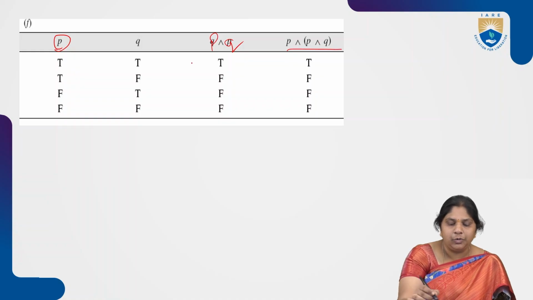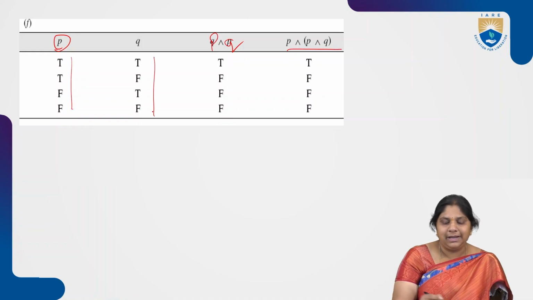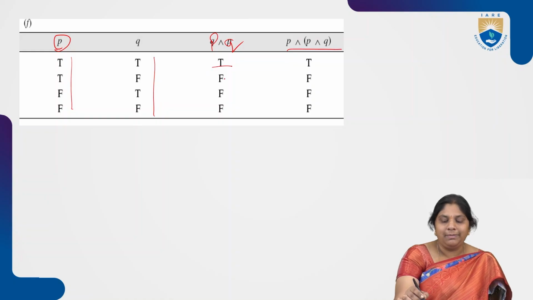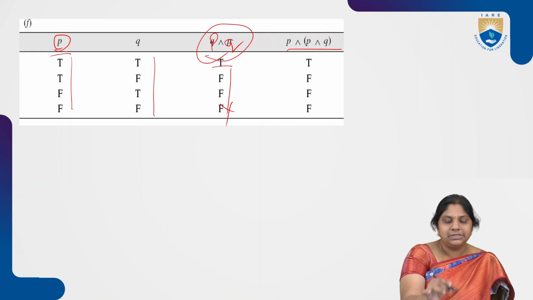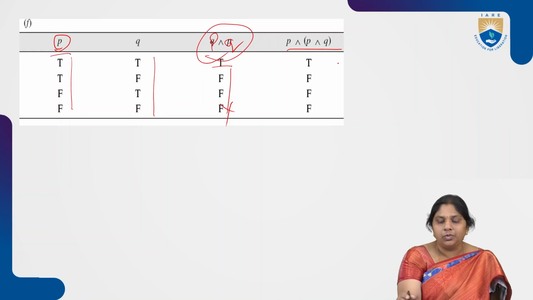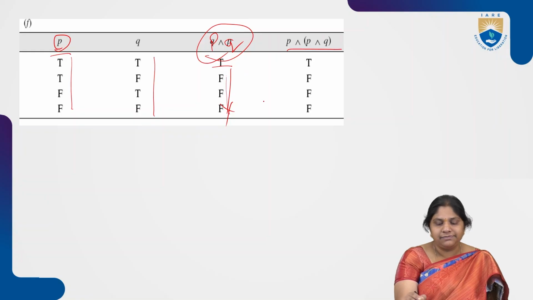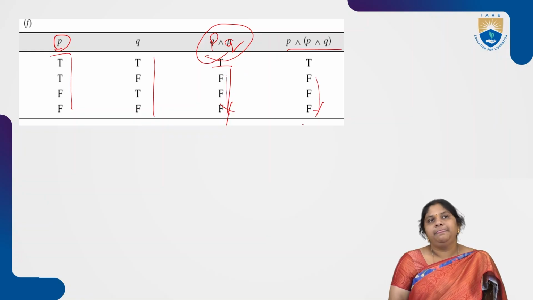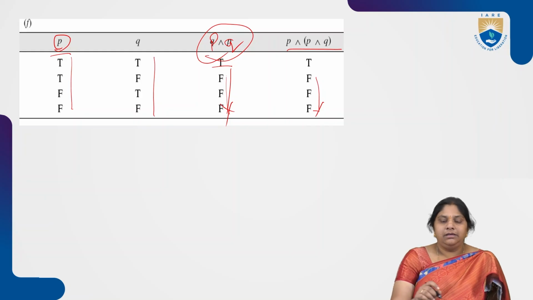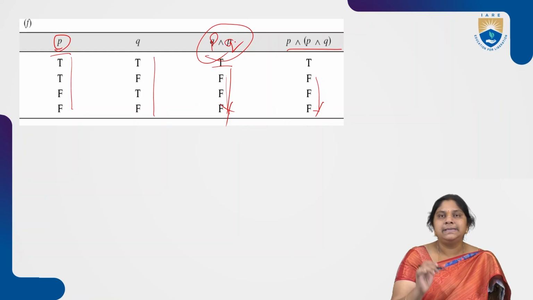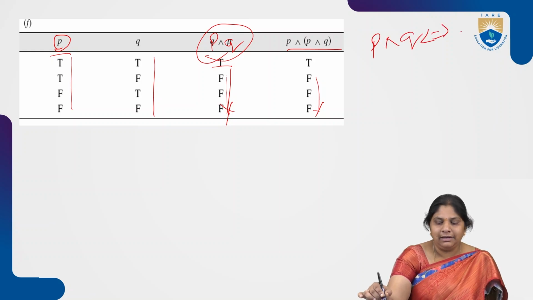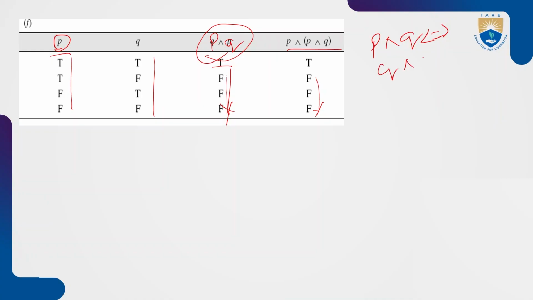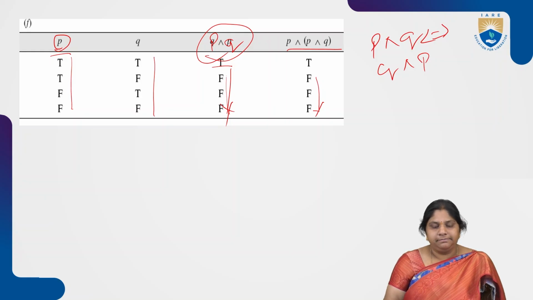First both are true, and in any remaining condition it is false. With Q and P using conjunction, it is true only when both are true, and in any remaining condition it is false. So P and Q is equivalent to Q and P.